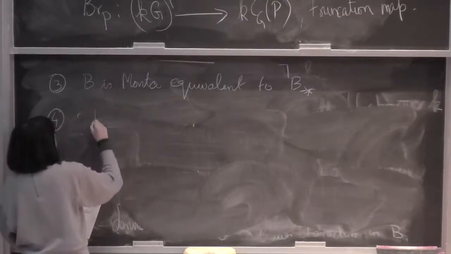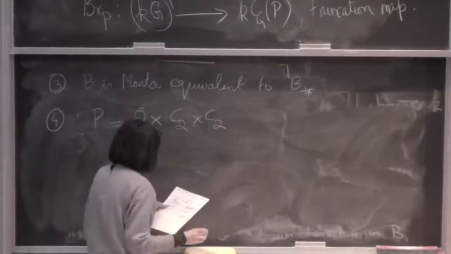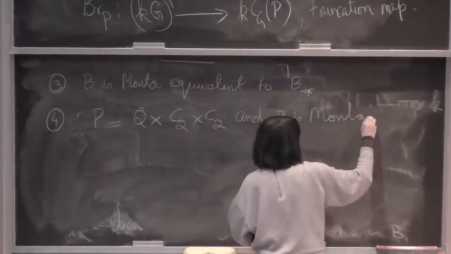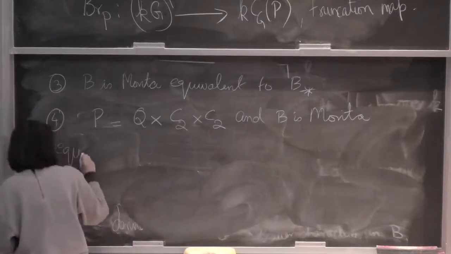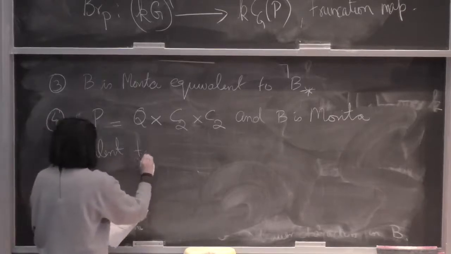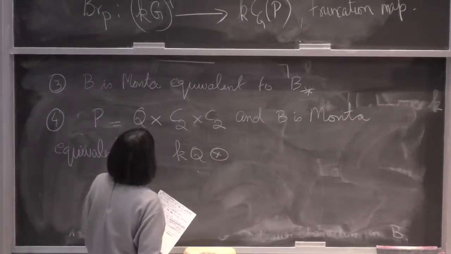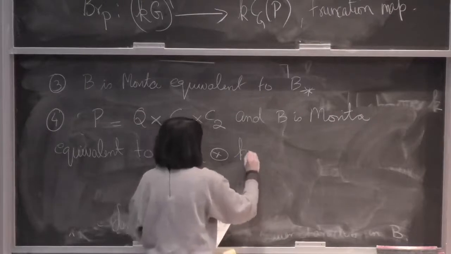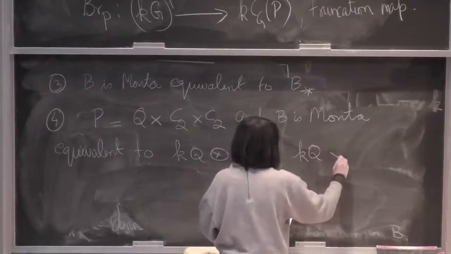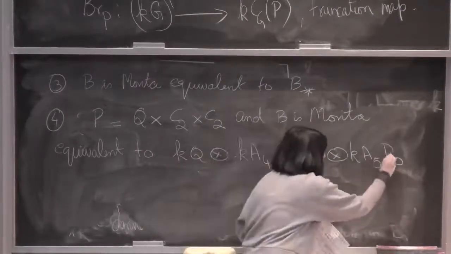Okay, and lastly, let me write it like this: P is a direct product of a group Q with C2 cross C2, and B is Morita equivalent to one of two algebras: KQ tensored with the group algebra of the alternating group on 4 letters, or KQ tensored with the principal block of the alternating group on 5 letters.